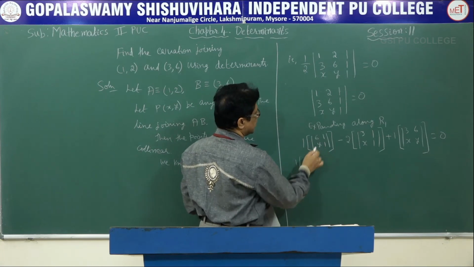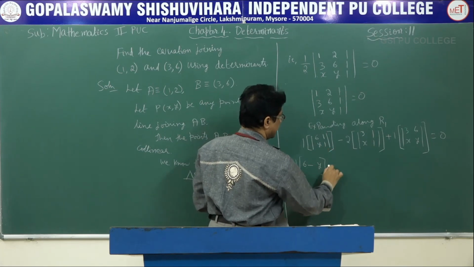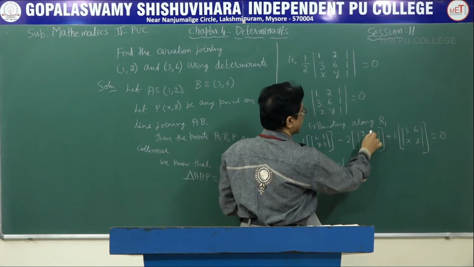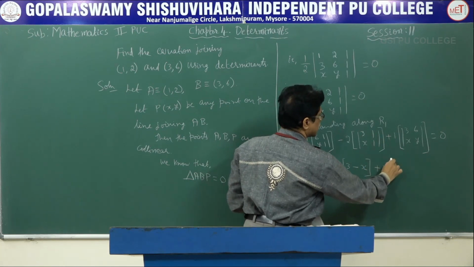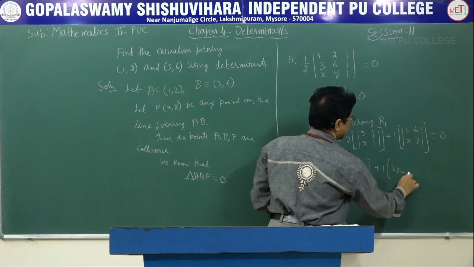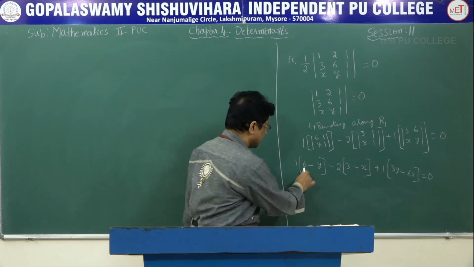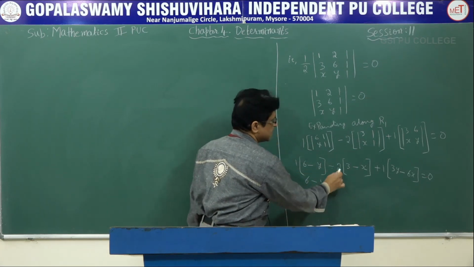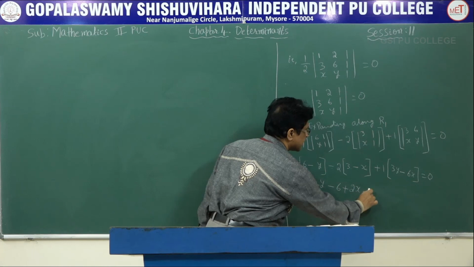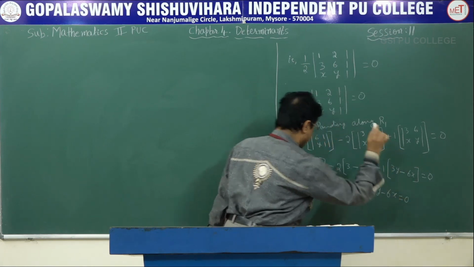So 1 into 6 into 1, 6 minus y into 1, y, minus 2 into 3 into 1, 3 minus x into 1, x, plus 1 into 3 into y, 3y minus x into 6, 6x is equal to 0. 6 minus y minus 2 into 3, 6, minus into minus plus 2 into x, 2x plus 3y minus 6x will be equal to 0.